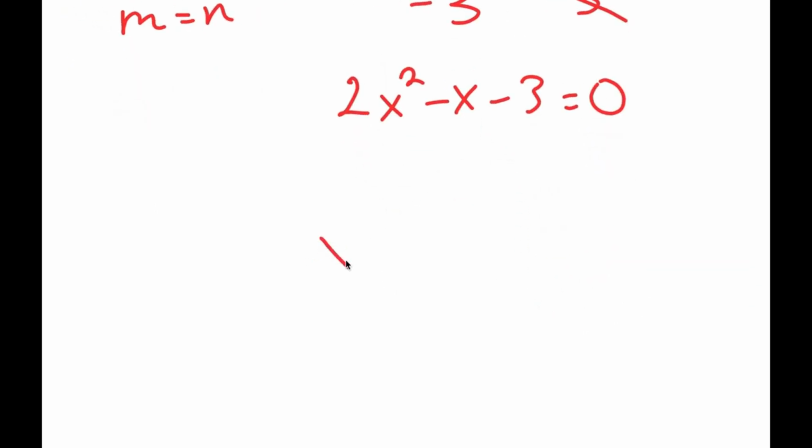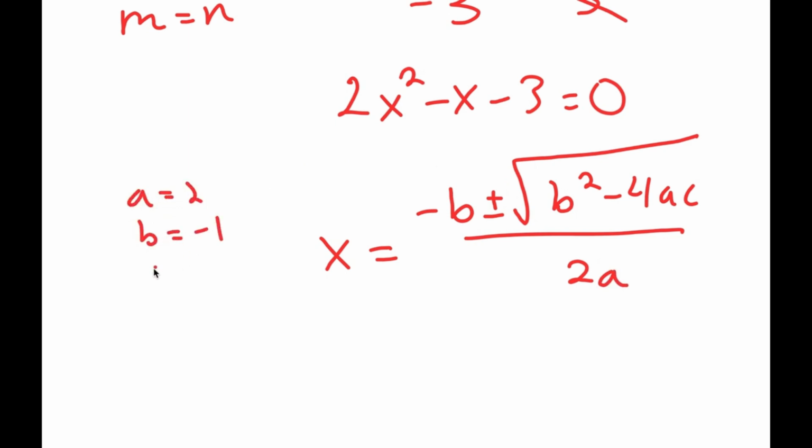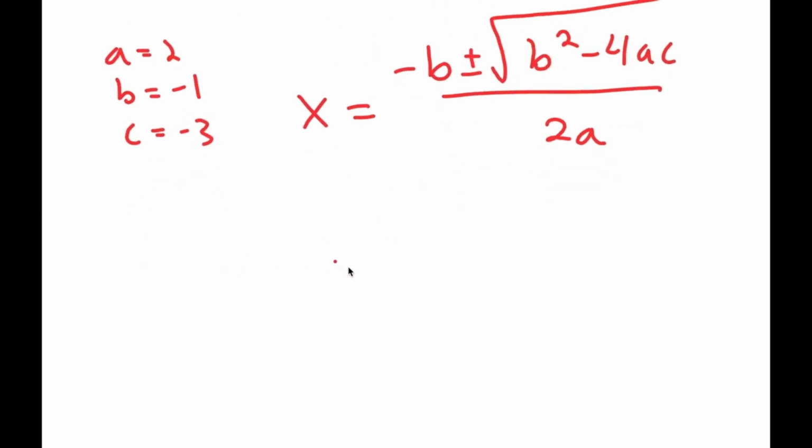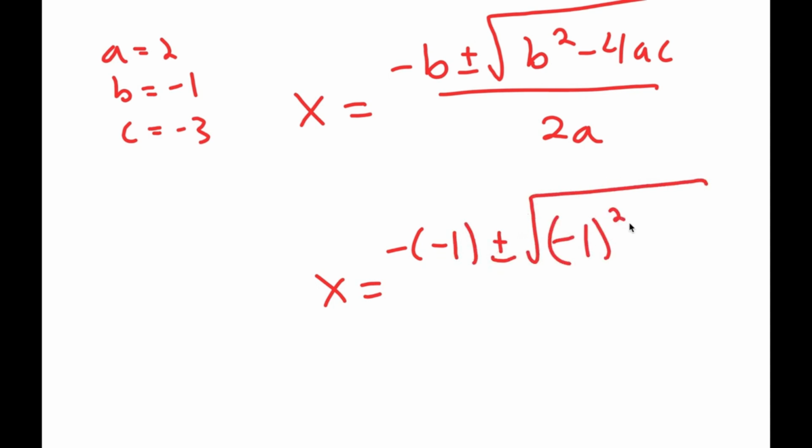So now to solve this, I'm going to use the quadratic formula, which is negative b plus or minus the square root of b squared minus 4ac, all over 2a. So in this case, a is 2, b is negative 1, and c is negative 3. So I get x is equal to negative of negative 1 plus or minus the square root of negative 1 squared minus 4 times a, which is 2, times c, which is negative 3.